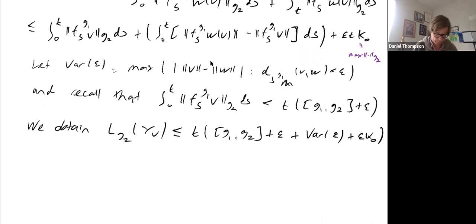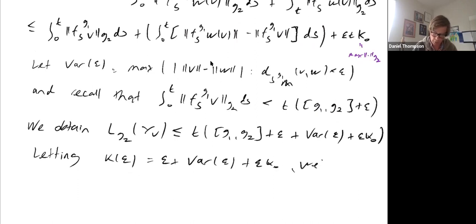So letting K epsilon equal epsilon plus varepsilon plus epsilon K0, we're done with this lemma. Okay. So we've got an upper bound on the G2 length of these G1 geodesics, which are just closed curves from the G2 point of view.